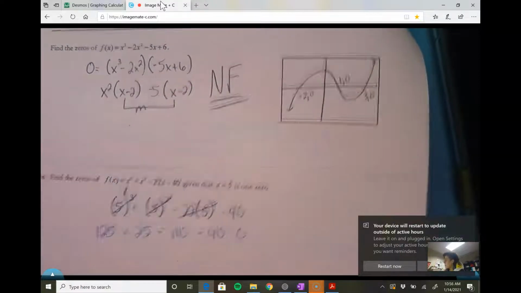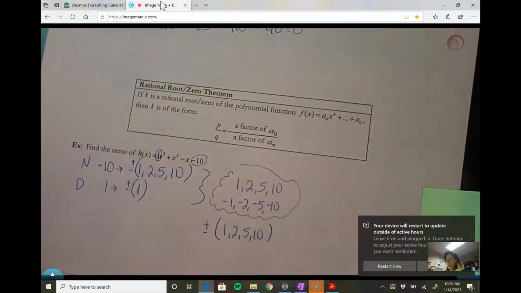All right, so let's take a quick look and see which one it could possibly be. I'm going to use the graphing calculator here. So I'm going to type in the equation real quick. Okay, and here it comes.